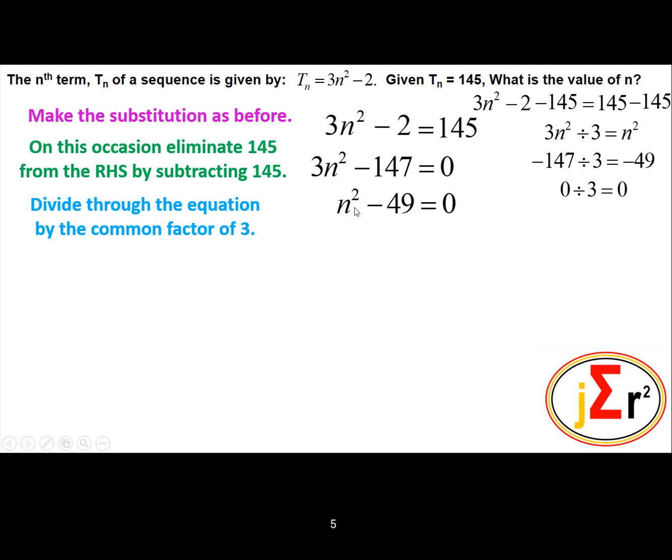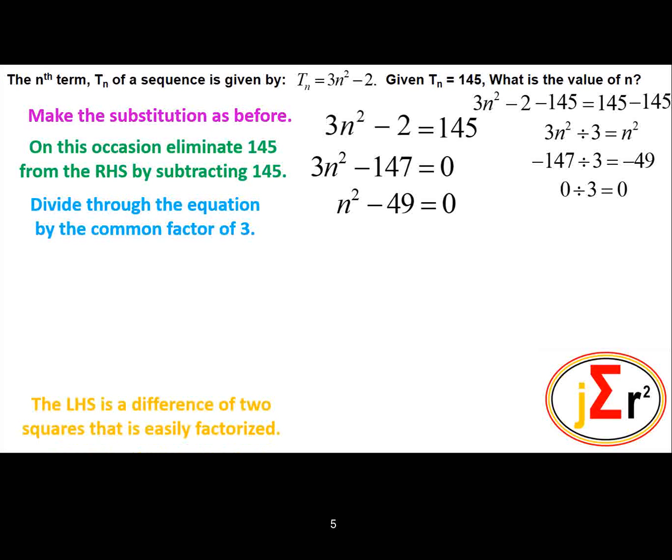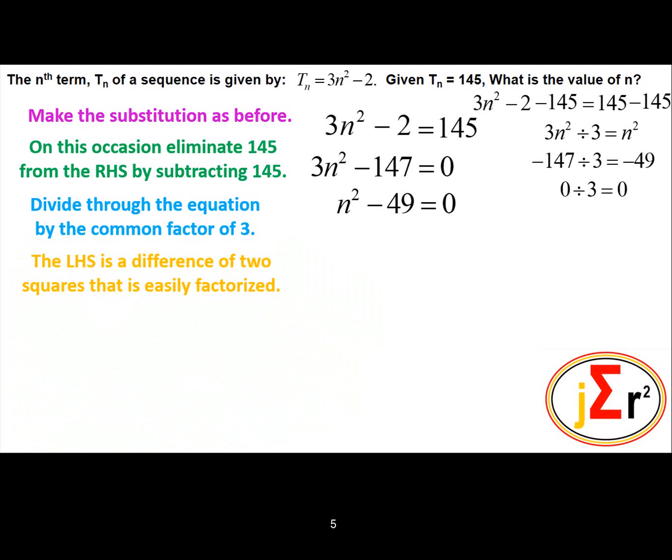It is in the form of a difference of 2 squares, which means that we are solving a quadratic equation whose left-hand side is a difference of 2 squares. We are about to solve this one by factorization. So we will solve this equation by the method of factorization.